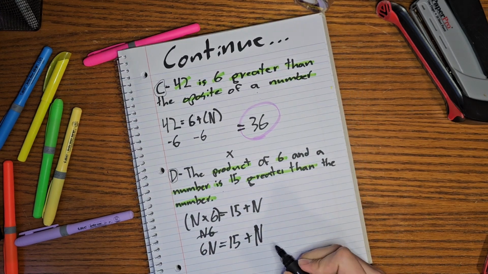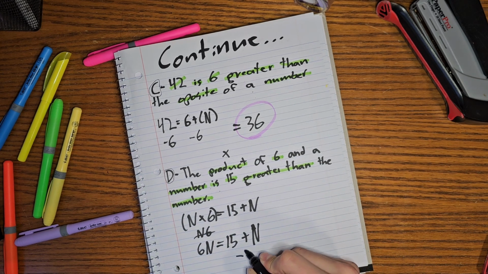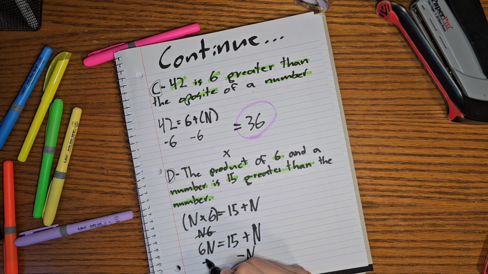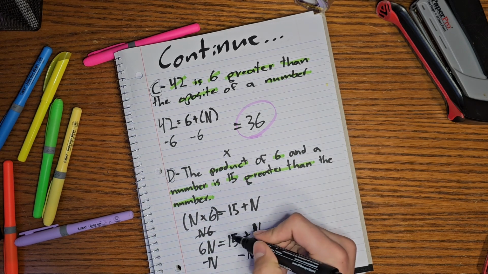So what we're doing here is we want to get 15 alone. We don't want it to have plus n. We want to solve for n, so we'll just simply do minus n from each side. Now, this doesn't mean that this goes to 0.